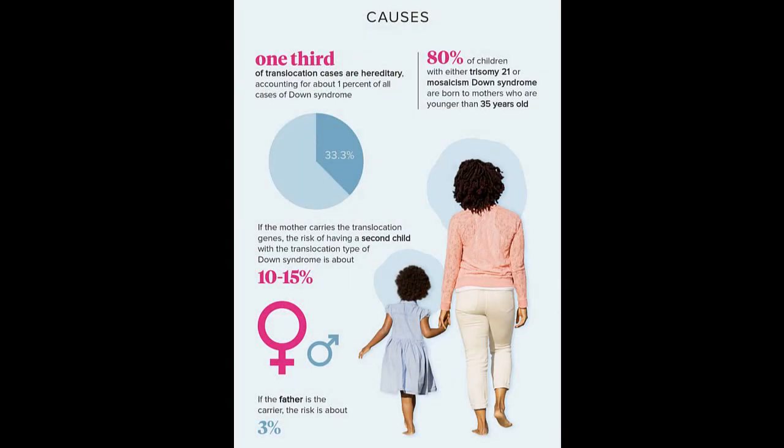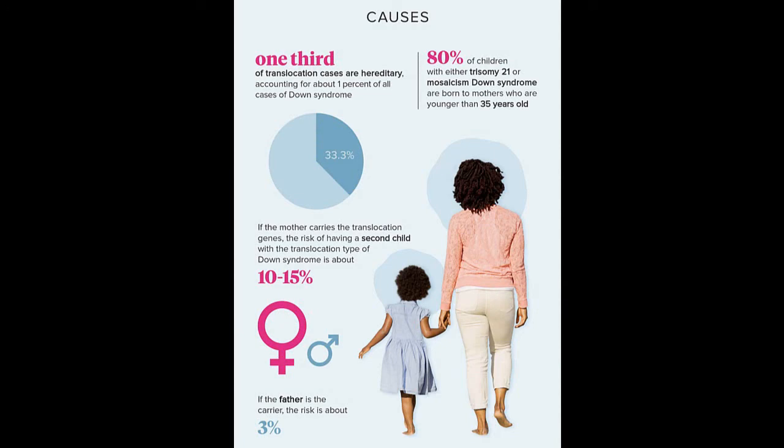Somebody would ask, what are the risk factors of having a child with Down syndrome? So I must mention also that the risk factors increase in mothers above 35 years old, but 80% of Down syndrome cases are born from mothers below the age of 35.